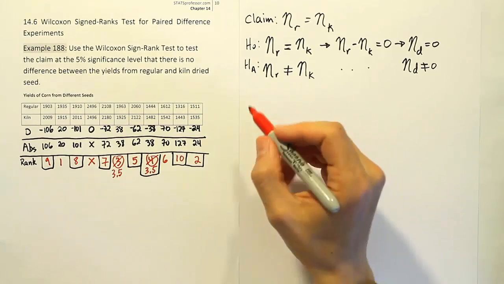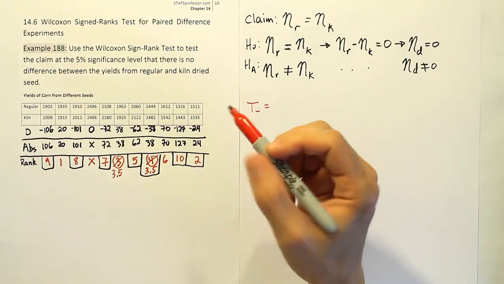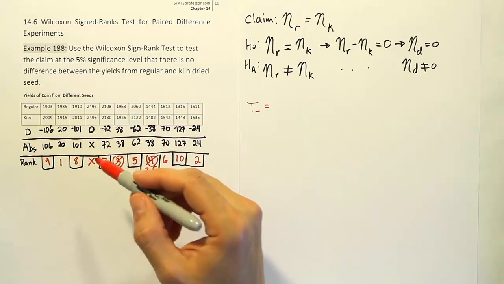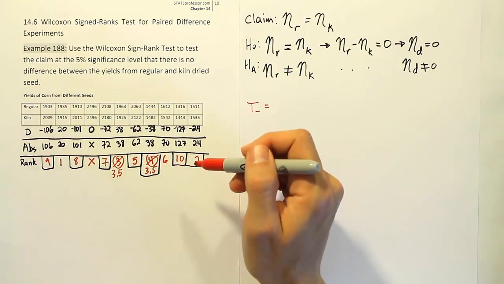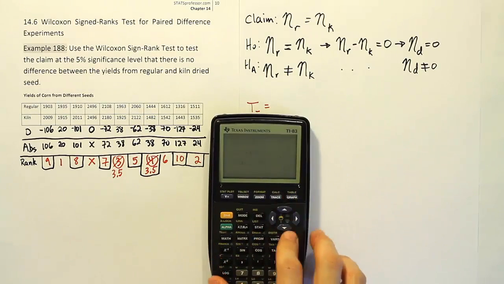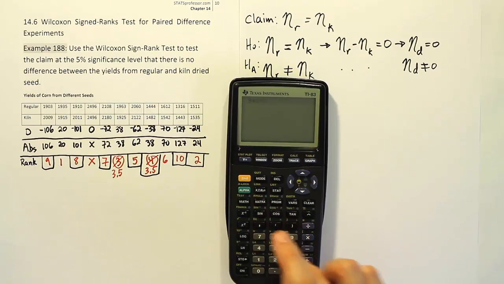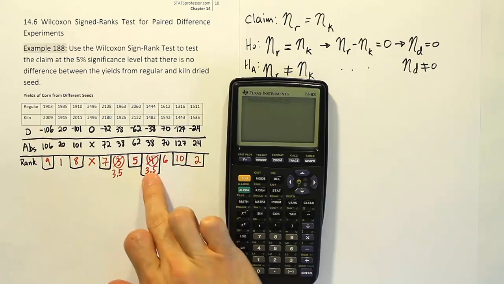I can say, hey, look, the rank total, we'll call this T negative for the rank total for the negative ranks. That's 9 plus 8 plus 7 plus 5 plus 10 plus 2. So let's do that and add that up and see what we come up with here. Actually, I think I left one of those out. So anyways, it's 9 plus 8 plus 7 plus 5 plus 3.5, right?